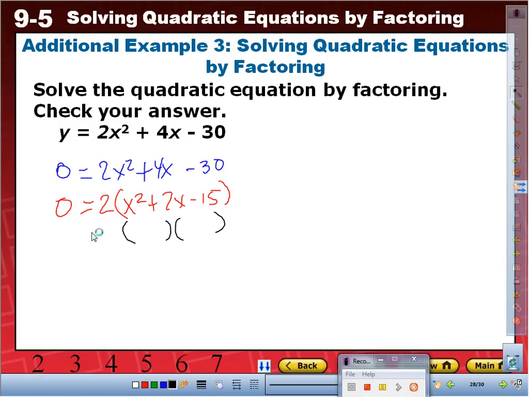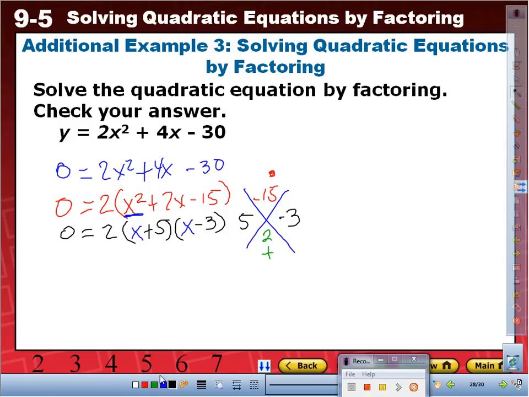Pass it to someone. Cool. Jorge. Very good. X and X. Negative 15 and 2. And he said 5 times negative 3. Yep. So this is x plus 5, x minus 3.